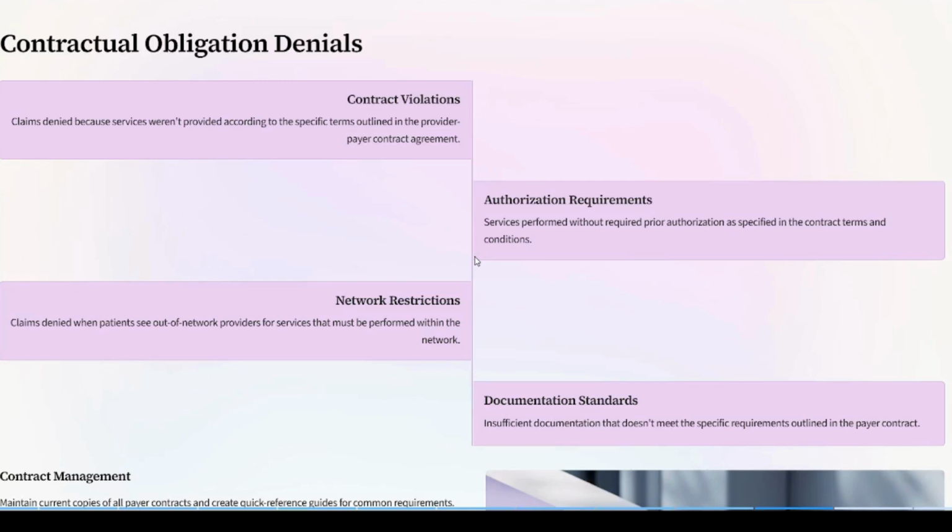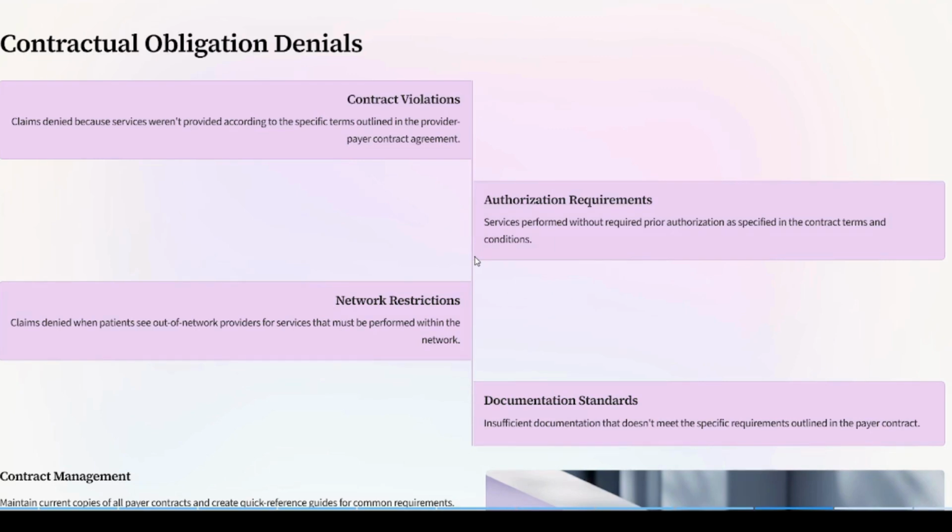Very big, very huge. All right. Next, we have authorization requirements. Services performed without prior authorization as specified in the contract terms and conditions. All right. That's super huge. And that happens a lot, especially at the hospital.